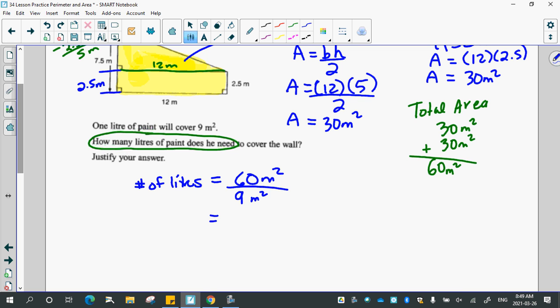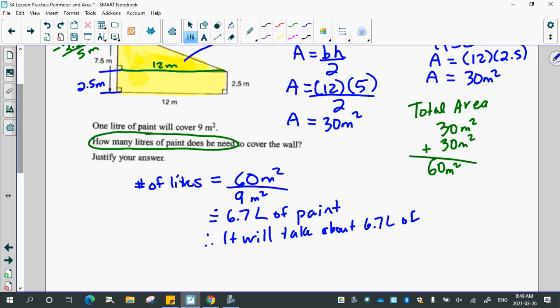And that'll tell you that you need approximately 6.7 liters of paint. So therefore, it will take about 6.7 liters of paint to cover the wall.